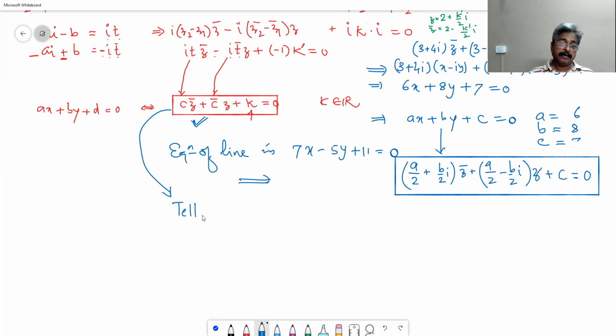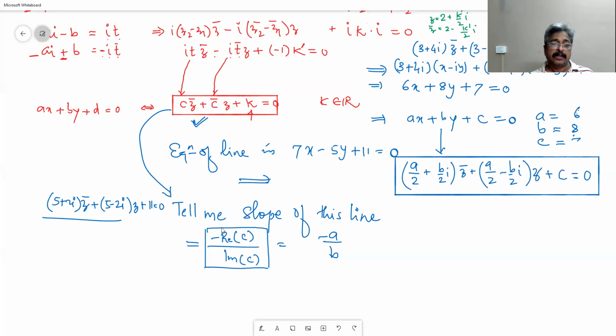Tell me the slope of this line. Write it down. Okay, the slope of the line is the real part of c upon the imaginary part of c with opposite sign, because that is what a upon b is in the general equation.